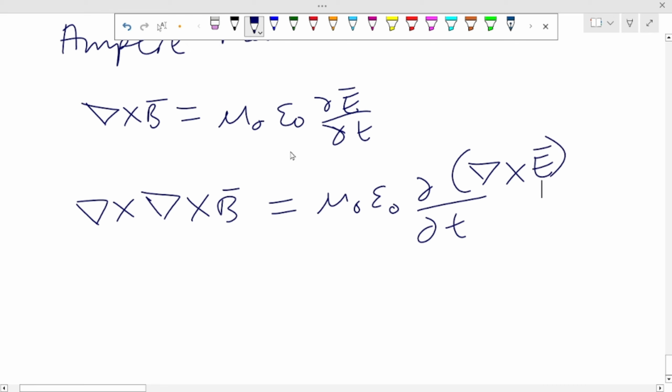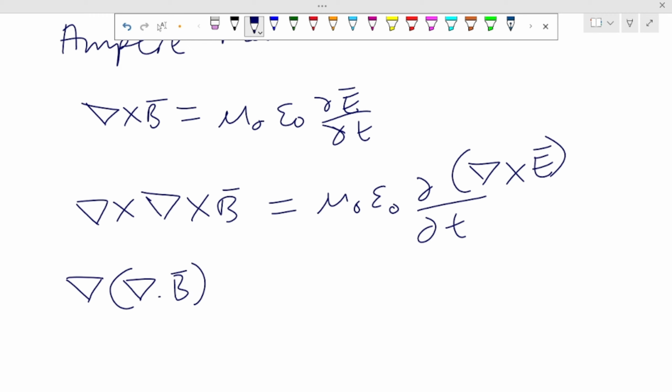Okay, so of course, using that vector identity, what will this give us? This part will give us this, minus this squared.